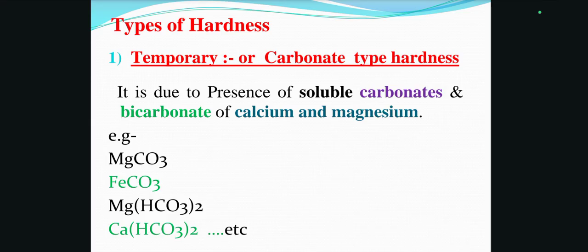And as I said very clearly in the definition itself, we require carbonates and bicarbonates. What kind? Soluble. And calcium carbonate is not soluble. That's why calcium carbonate is not here.